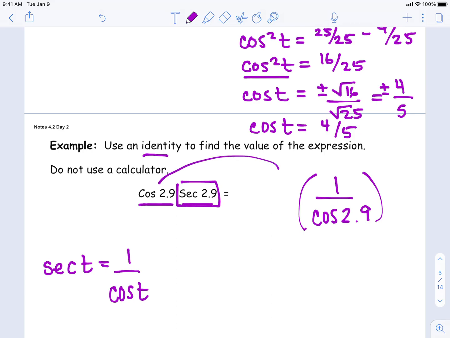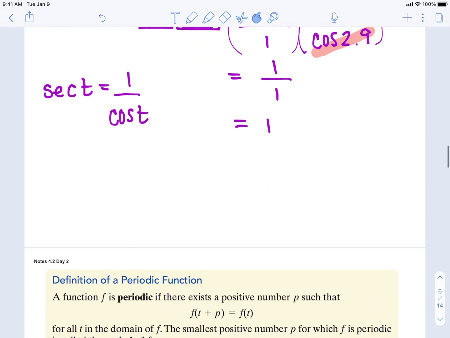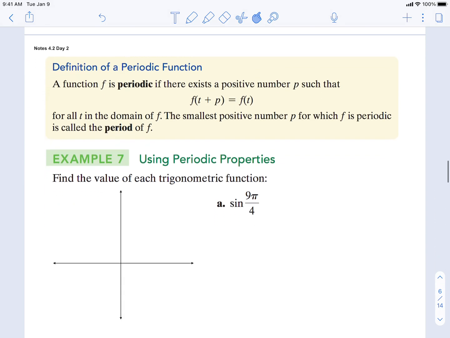And then I still have the cosine of 2.9. I'm going to change this to a fraction. Notice what happens is this cosine of 2.9 and cosine of 2.9 are common factors, so they cancel out. And then we multiply across. 1 divided by 1 is 1. So that expression simplifies to 1.